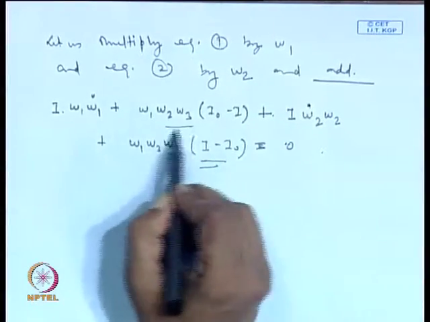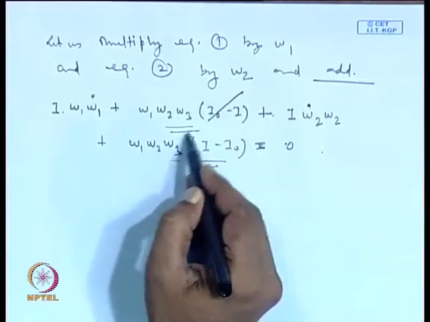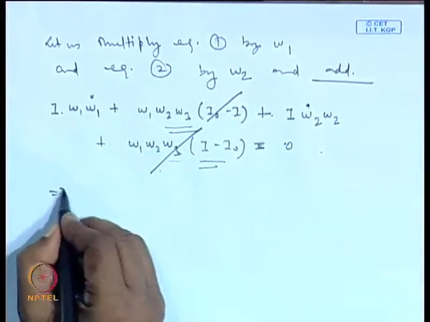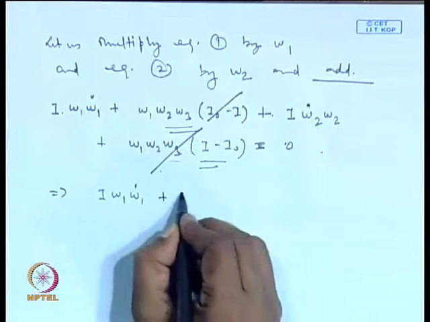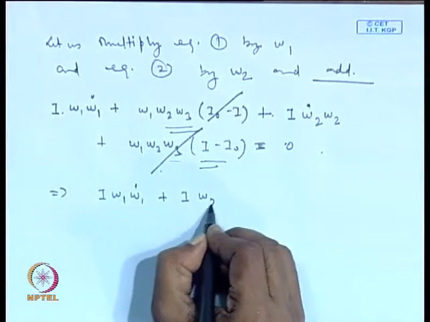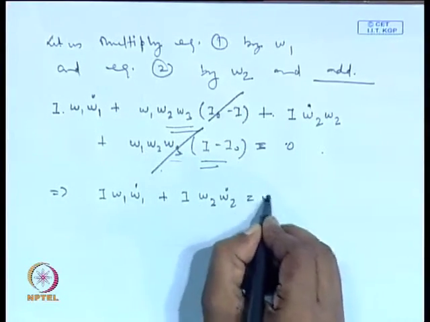So, in this we can see that this term and this term cancel out. So, these two terms will cancel out, leaving us with I times omega 1 times omega 1 dot plus I times omega 2 times omega 2 dot, this is equal to 0.